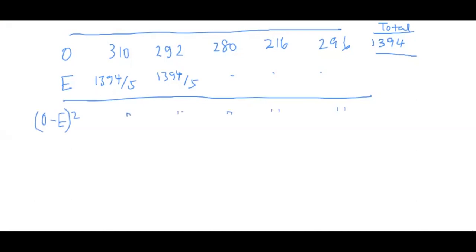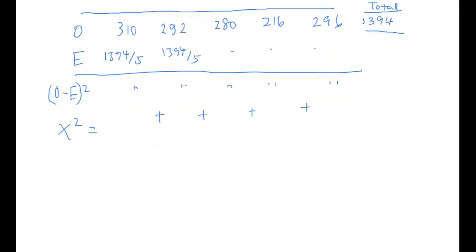All right. So then your chi-square statistic will be you add up everything. Sorry, not yet. You have to divide by E, the expected.